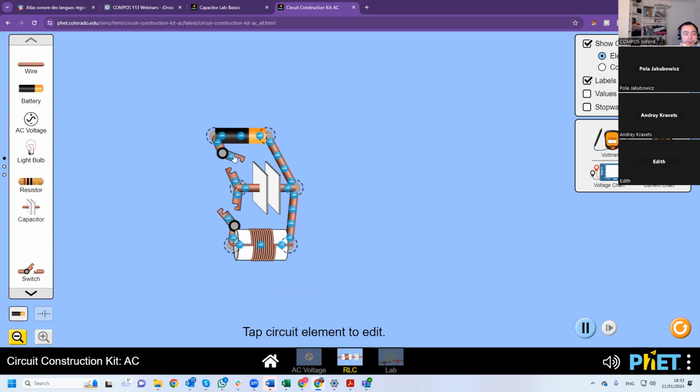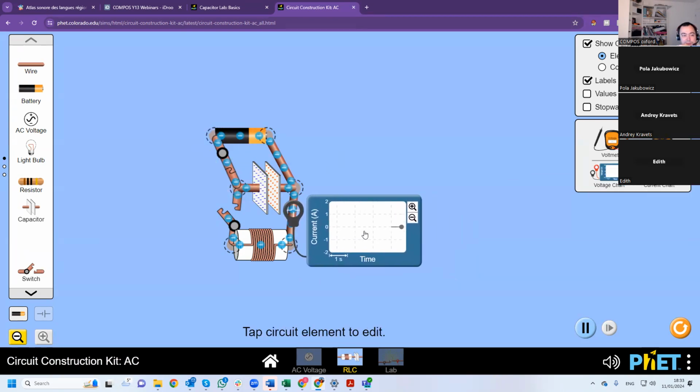Okay, so first we'll charge the capacitor and measure the current. Now I'm going to switch on this circuit.